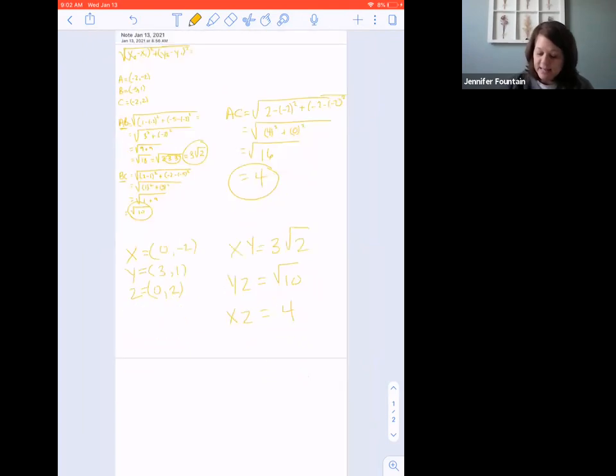So I can see that AB is equal to XY, and those both equal 3 times the square root of 2. I can find that BC is equal to YZ, and that equals the square root of 10. And then I find that AC is equal to XZ, and those are 4.